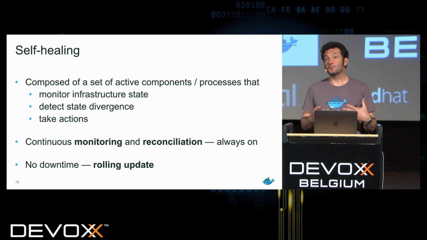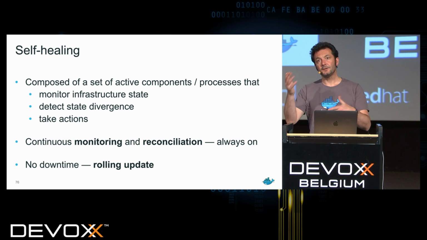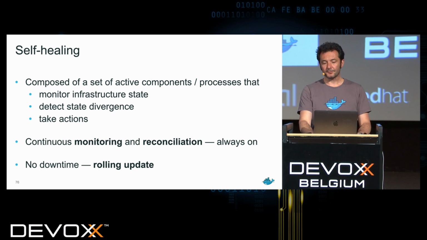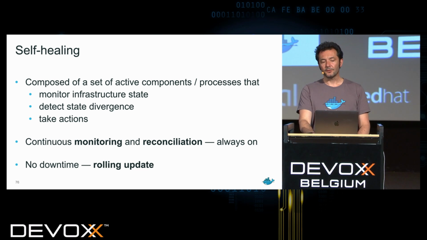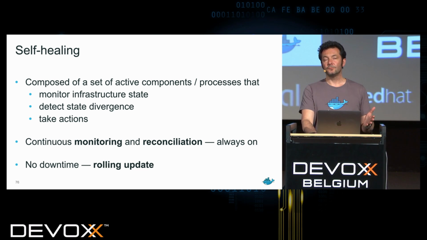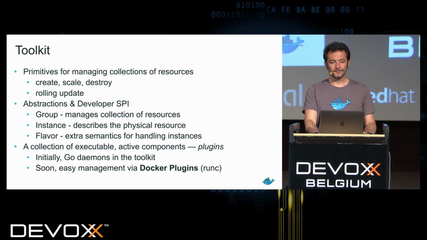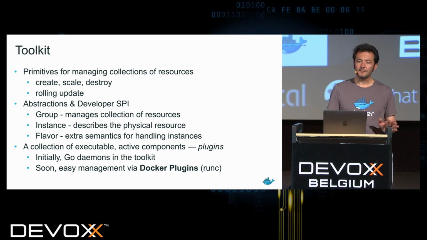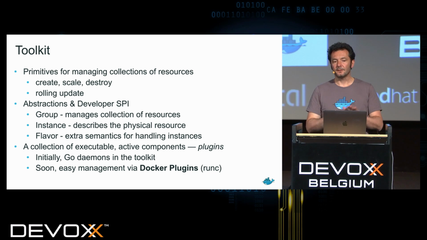It's the same approach but applied to infrastructure. There's a continuous monitoring and reconciliation of your infrastructure, and there's a notion of rolling updates in there to avoid downtimes. So InfraKit is a toolkit, which means it's a set of primitives to manage collections of resources, to create, scale, and destroy them.